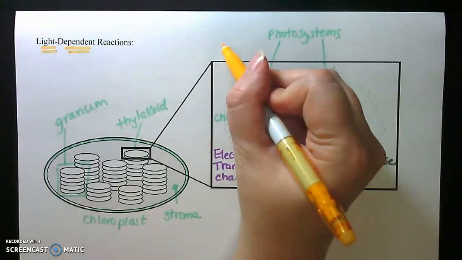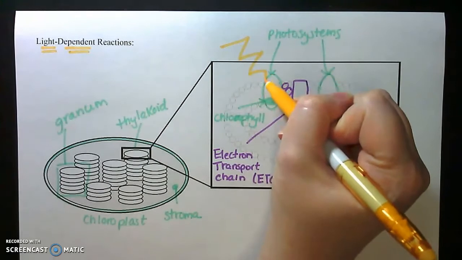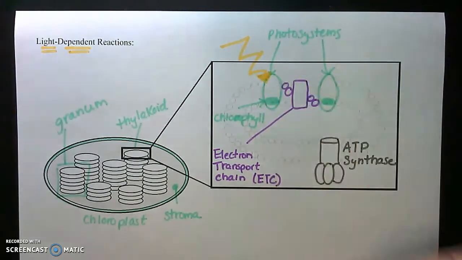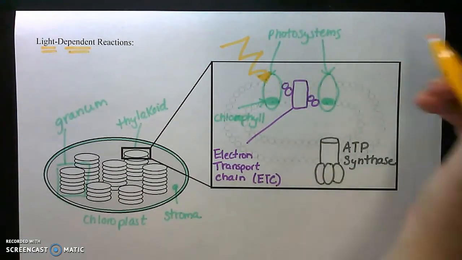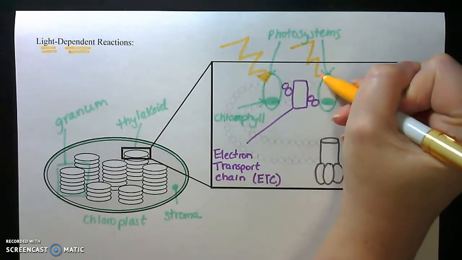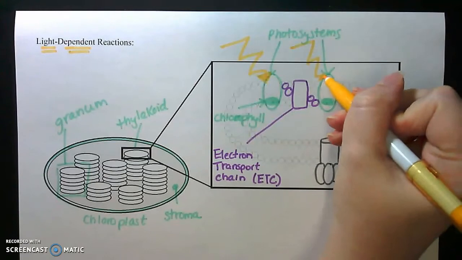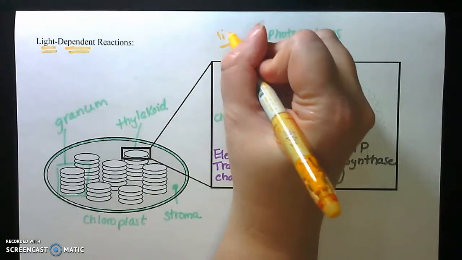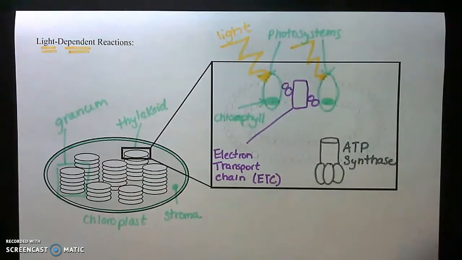And so our light is going to hit the photosystem. There's also light coming in from this angle, hitting the photosystem here. So that light is going to be the input of energy for the light-dependent reactions. Now the light is going to do two things.